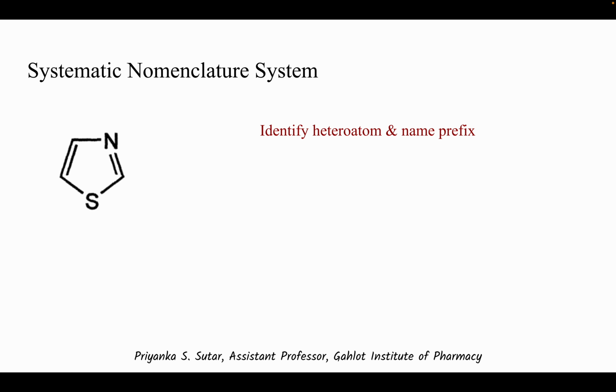For this you refer table number 1. What are the heteroatoms? Nitrogen and sulfur. The prefixes are aza and thia respectively.